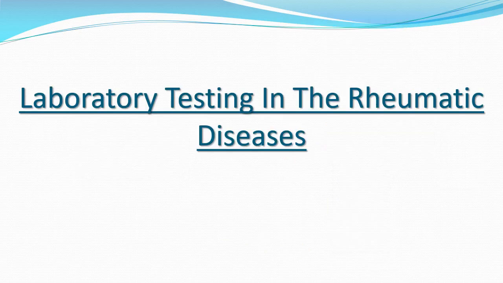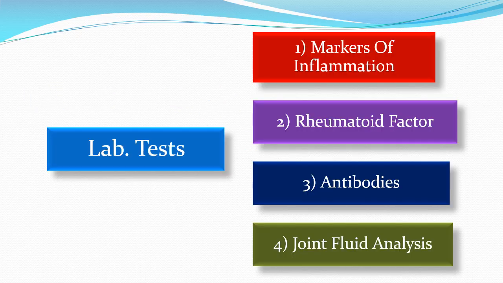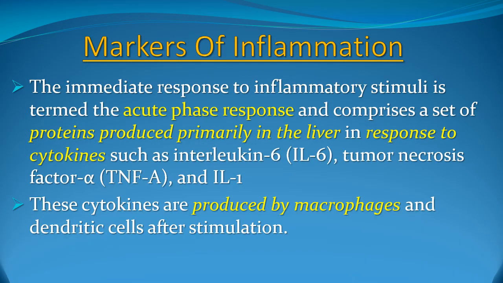When we speak about the laboratory studies, what are the different laboratory tests that we can use to investigate rheumatologic diseases? The laboratory studies include, number one, markers of inflammation; number two, the rheumatoid factor in itself; number three, screening for the presence of antibodies or autoantibodies; and finally, when we do an invasive procedure to aspirate the joint fluids, we will subject it to laboratory investigation.